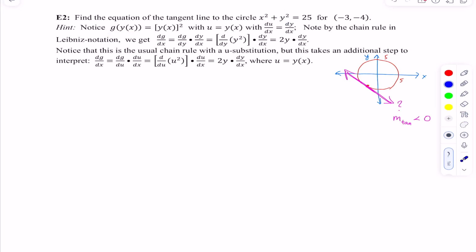If y is some function of x, we can see that y squared is now a composition, defined to be g composed with y of x. So then you have y of x quantity squared. This could be your u substitution, but your u is just a renaming of y.